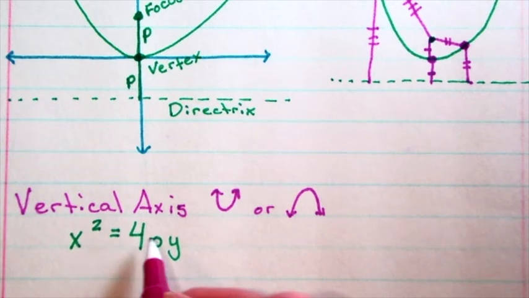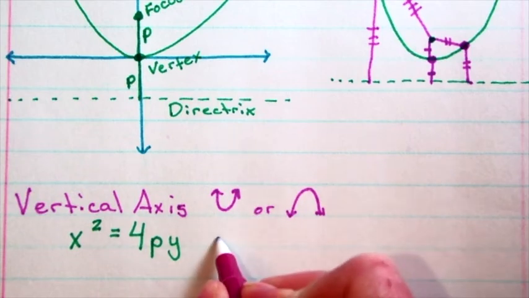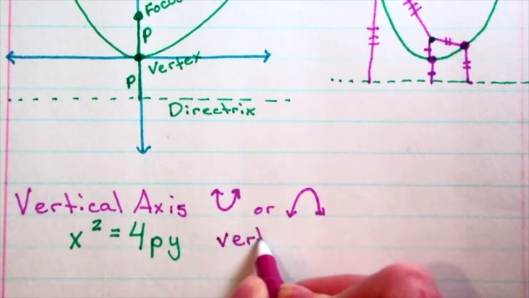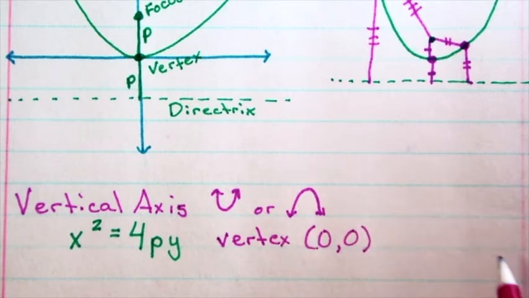So things that are important. In this case, if we just have x squared equals 4py, the vertex is at the origin. So this is the equation if there's no shift involved. We haven't introduced a shift yet, and we will in just a second.